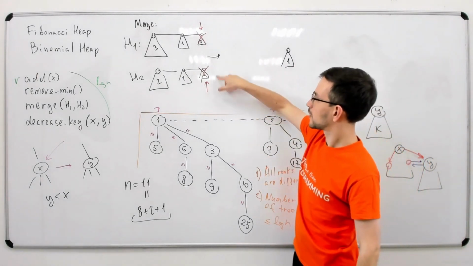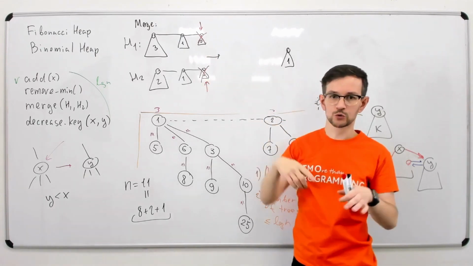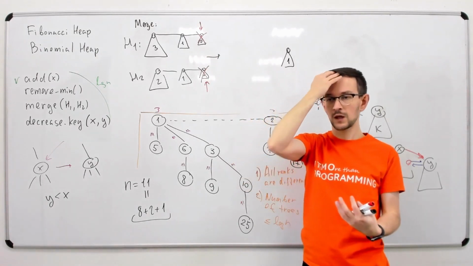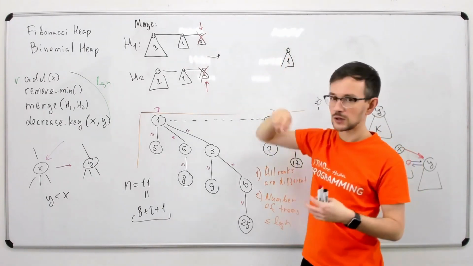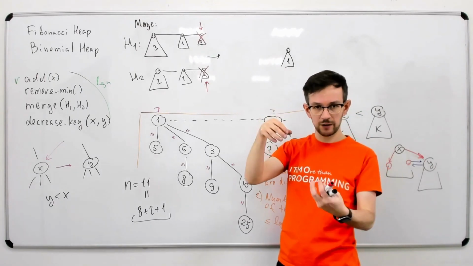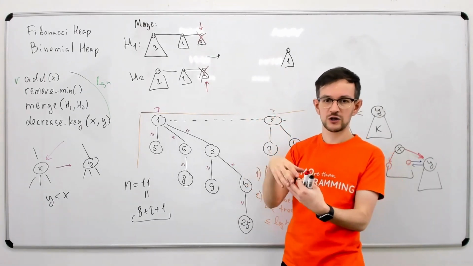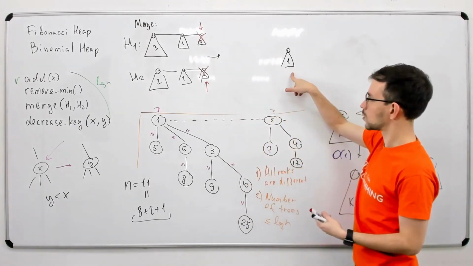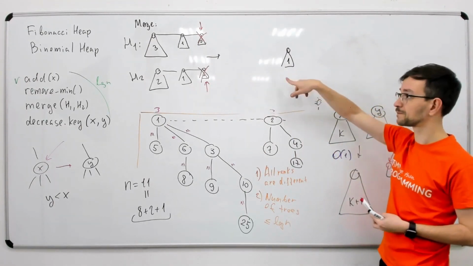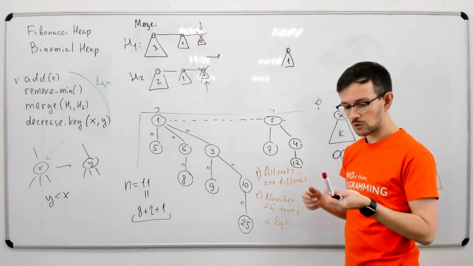Again, we have these two pointers to the minimal tree in each binomial heap. So we take these two trees, check if the rank is the same, then combine them into one tree of rank 1 and put this tree of rank 1 in the resulting binomial heap. And so on.